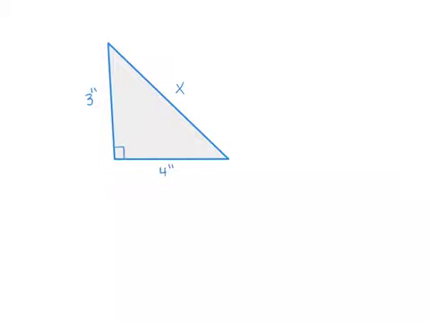Okay, so let's try a Pythagorean's theorem problem here. Let's say we have a right triangle, and let's say we know that this side is 3 inches, this side is 4 inches, and this side is, I don't know. Now, Pythagorean's theorem, again, is a squared plus b squared equals c squared.